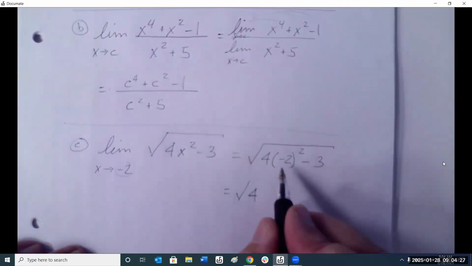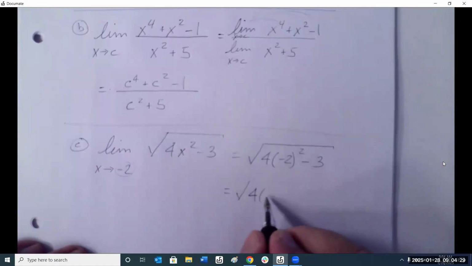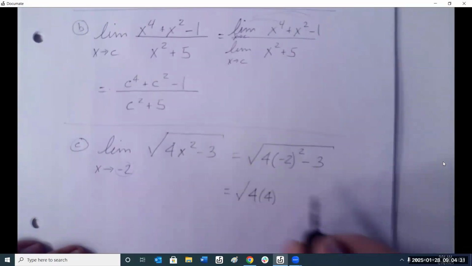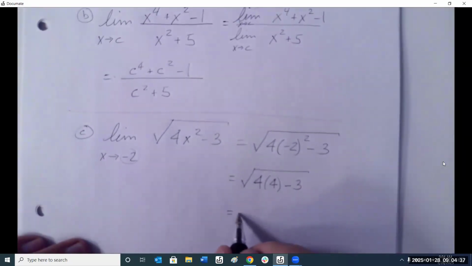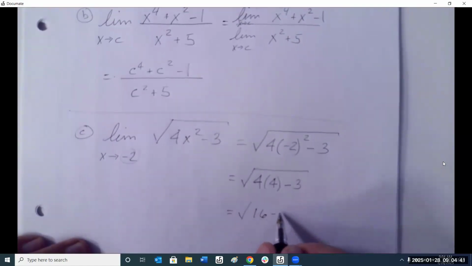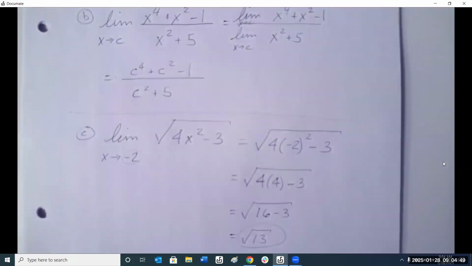Square root of 4. -2 squared is 4. 4 times 4 is 16. 16 minus 3. And there's your answer.